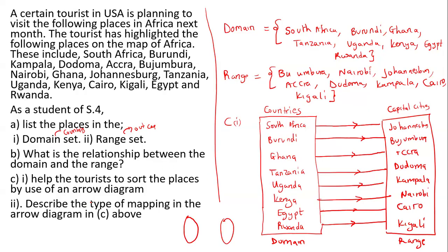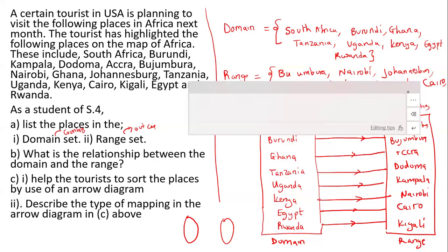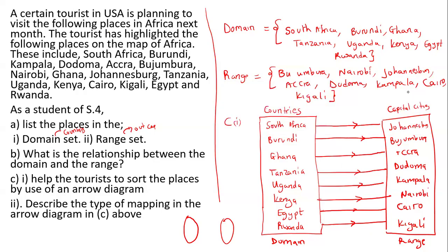Then when they ask, describe the type of mapping the arrow diagram in C above. Which type of mapping is that? One-to-one mapping. Very good. So this is a one-to-one mapping because every element in the domain maps to exactly one element in the range.